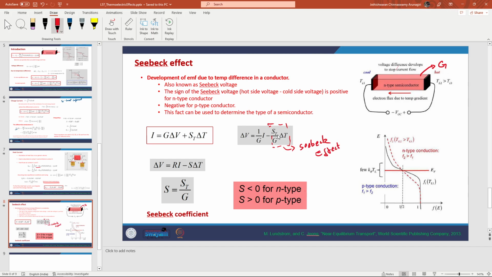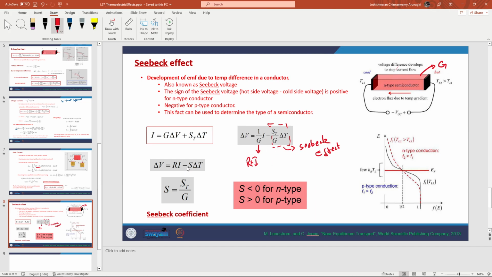Of course, the quantity S_t will be positive or negative depending on the doping of the material. So this is I times R, or rather R times I, and this will be S times delta T. So this will tell us how much the Seebeck voltage is being applied.